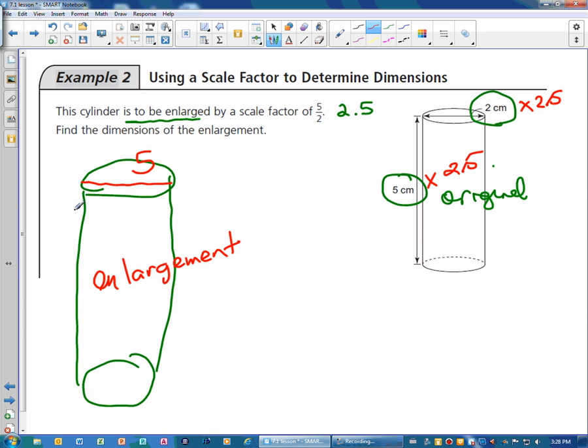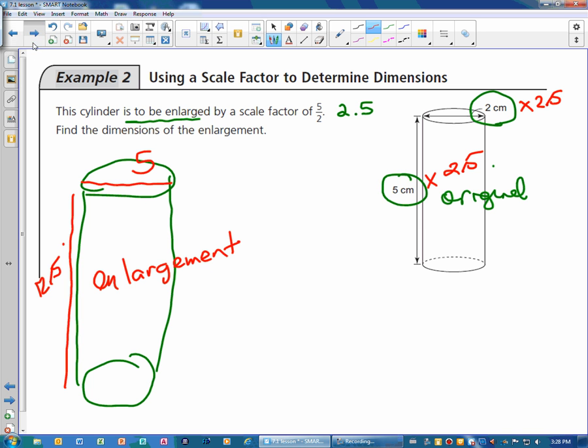And the height, here to here, is 5 times 2.5, which is 12.5. Okay? So the dimensions are going to be diameter 5, height of 12.5.